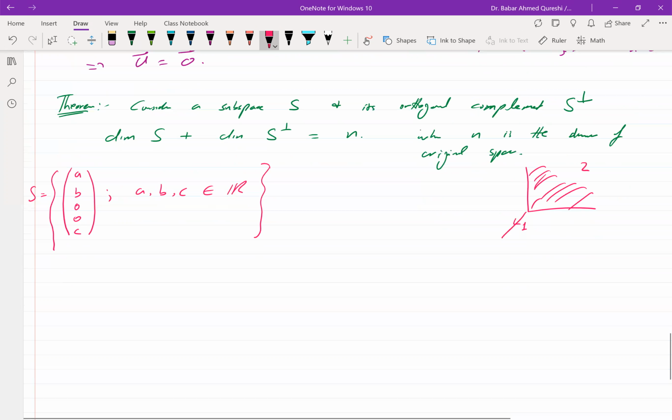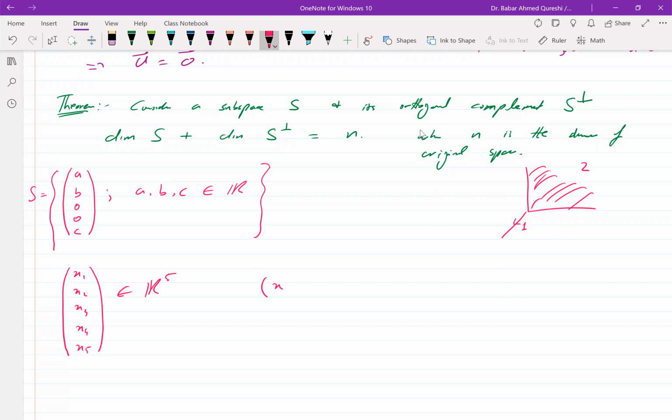And I want to see what the orthogonal complement is. Well, I consider an arbitrary vector, and I'm looking for all those vectors in R5 which are perpendicular to all the vectors in S. So all I have to do is check the scalar product.